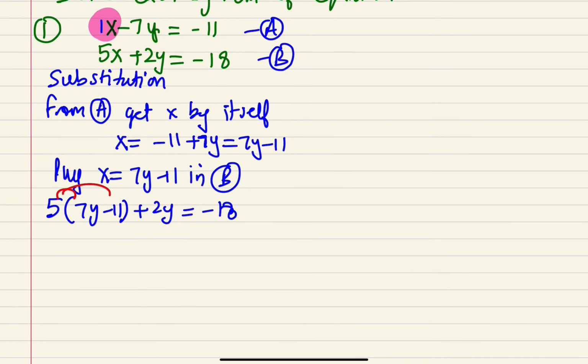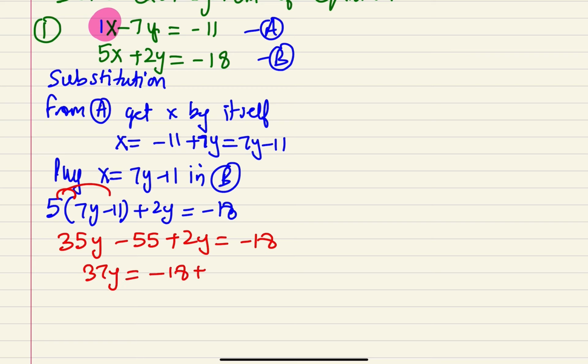So we'll have to distribute: 35y minus 55 plus 2y equals negative 18. So that is 37y equals negative 18 plus 55. 37y equals 55 minus 18, and that is equal to 37. That gives me y equals 1.